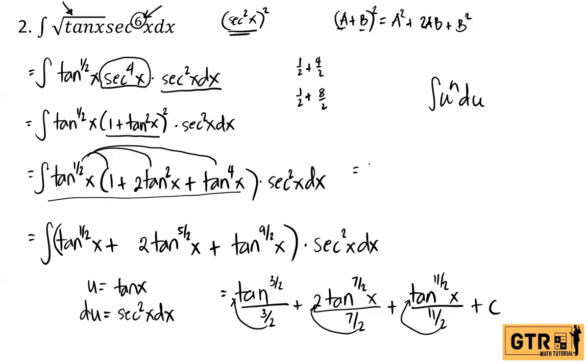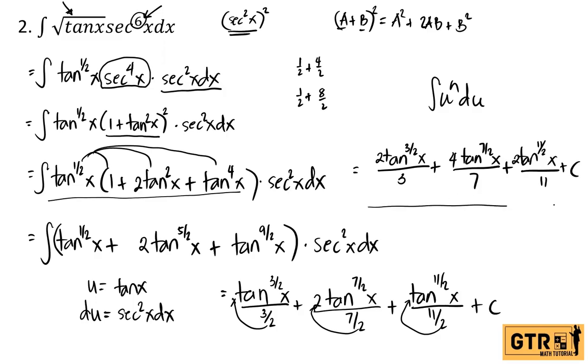So the final answer will be 2 tangent 3/2, we forgot the x here, x over 3, plus we have 2 times 2, so we have 4 tangent 7/2 x over 7, plus tangent to the 11/2 x over 11, then we have 2 here, and then plus the constant of integration c. So this is our final answer.